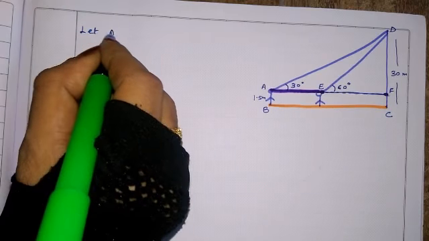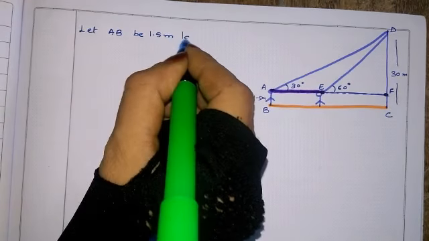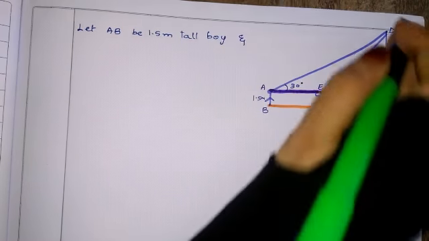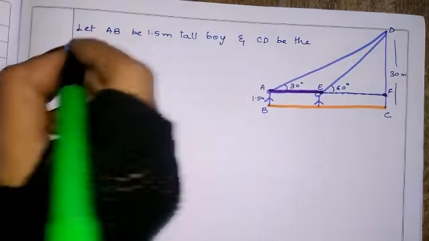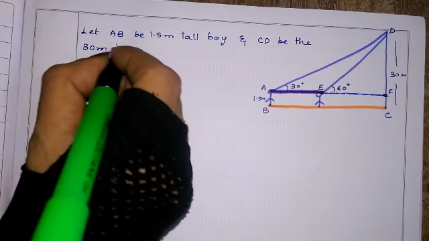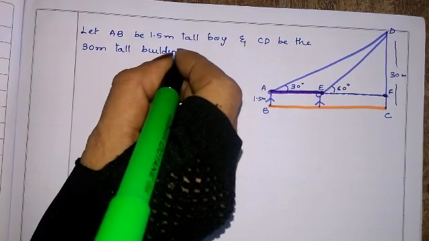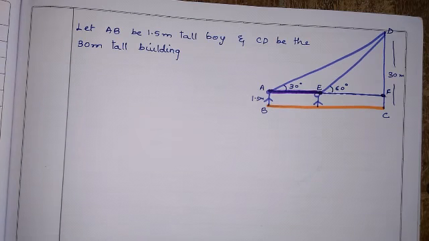Let AB be the 1.5 meter tall boy and CD be the 30 meter tall building. These 2 things we have got.